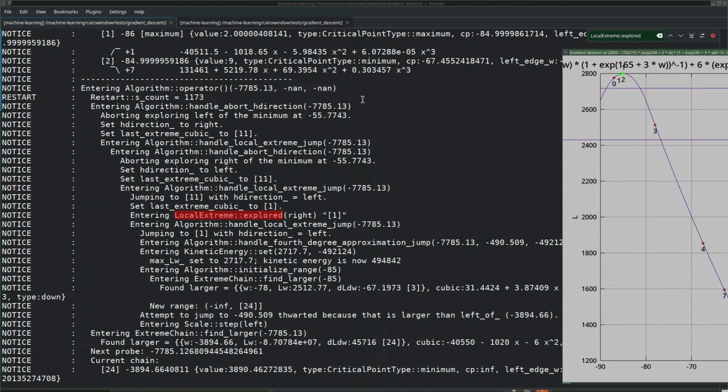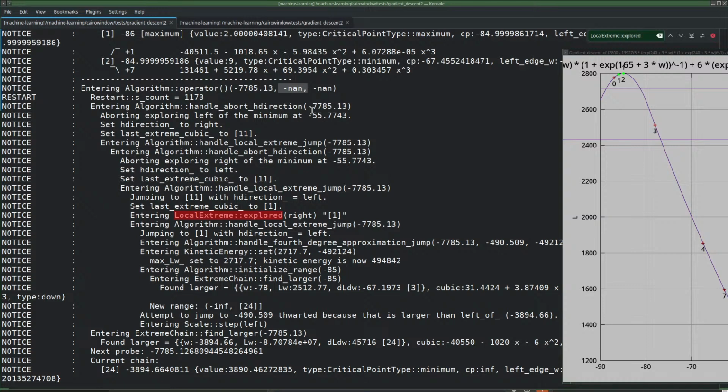So we just keep trying. So this, we asked the user basically to give us the function value and the derivative at this point, but that is so far to the left with the exponentials and stuff. It was not calculable. So we got not a number back. And then as a hack, I just abort that direction.